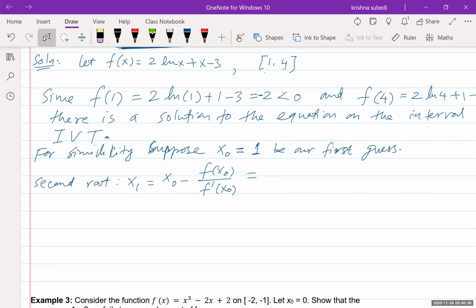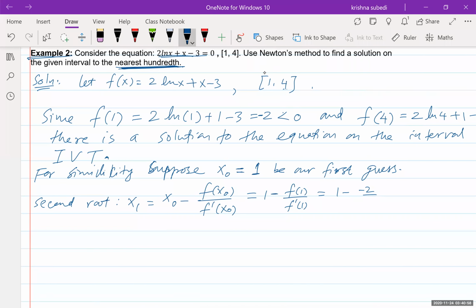So this gives me x1 equals 1 minus f(1) over f prime of 1. f(1), if I plug in the value 1 there, is negative 2, over f prime of 1, which is, oh, I need to find the derivative here. So the derivative is 2 over x plus 1.